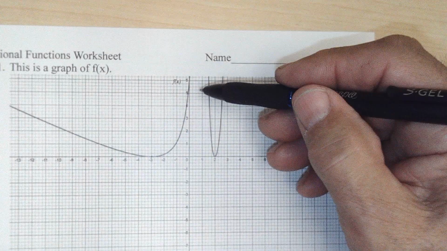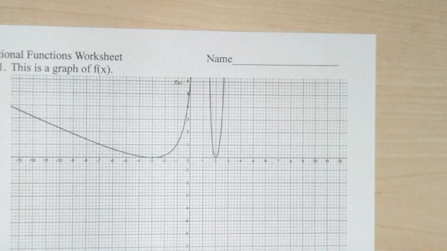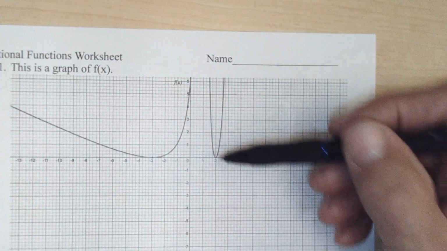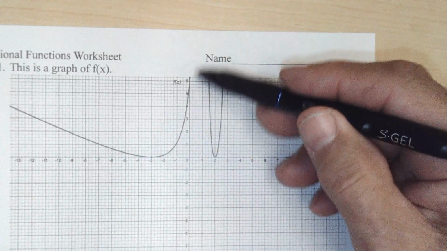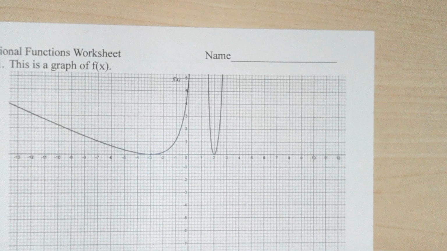So I'm going to say a vertical line at x equals 1. And since it looks like both of them go up, going in the same direction, the factor that's causing this must have a multiplicity of either 2 or 4 or 6 or something like that.